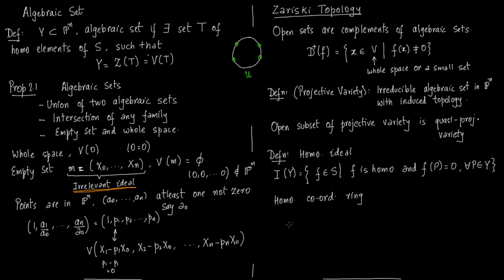And for the homogeneous coordinate ring, again, you take the graded ring and mod out by the homogeneous ideal. Almost everything is like the affine case, but with homogeneous polynomials.